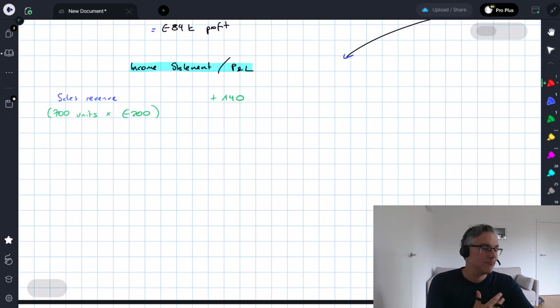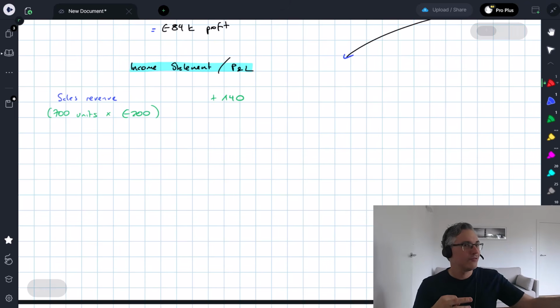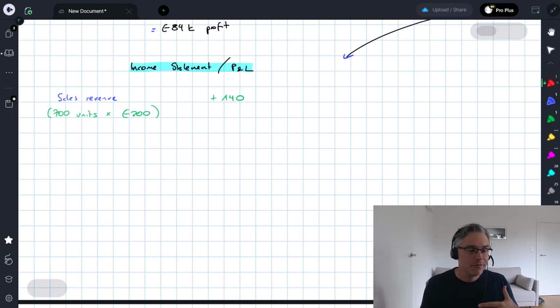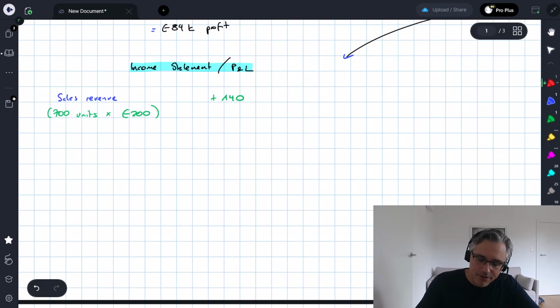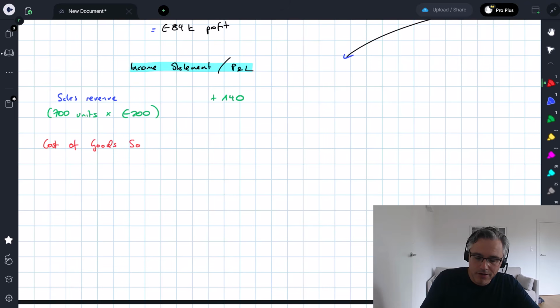Now, some businesses produce the items, some buy with the intention to sell in an unprocessed way, which is what happened here. We just bought for resale. So we're going to match this 140 positive revenue with the cost of those goods that were actually sold.